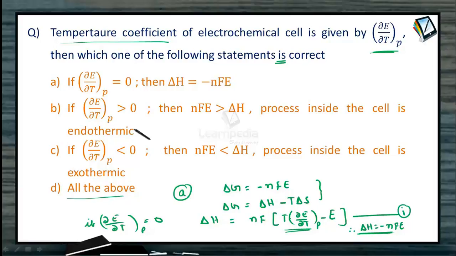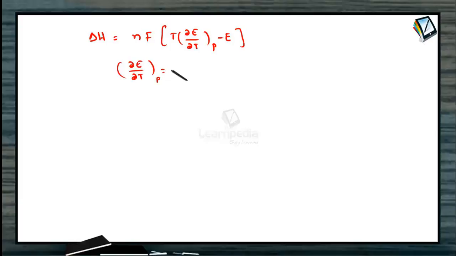And in B what is given? If ∂E/∂T at constant pressure is greater than 0, we have ΔH equal to nF into (T ∂E/∂T at constant pressure minus the potential E). Here it is given that ∂E/∂T at constant pressure is positive.